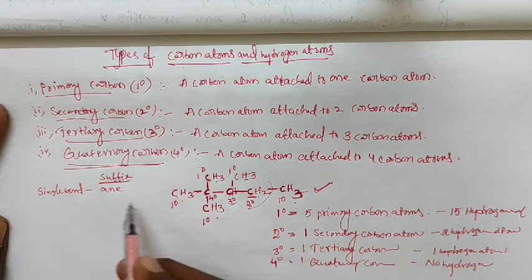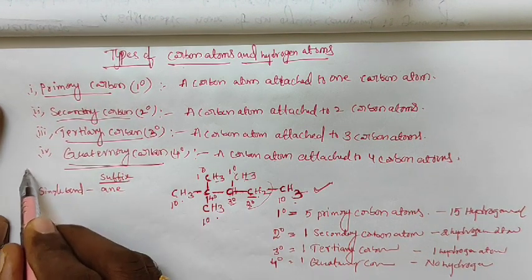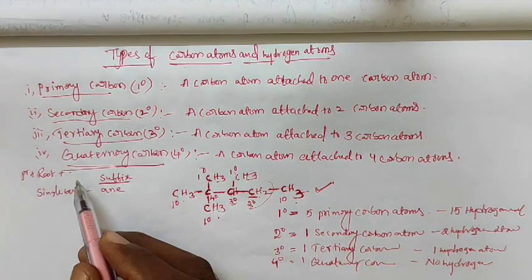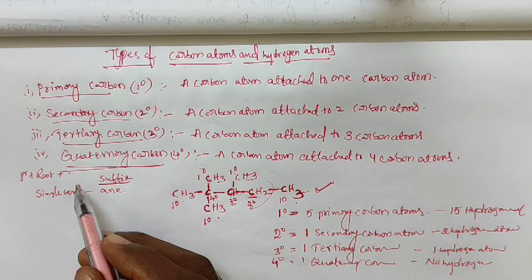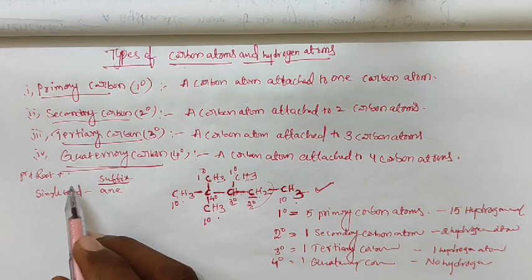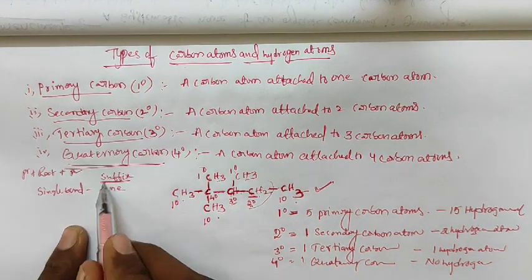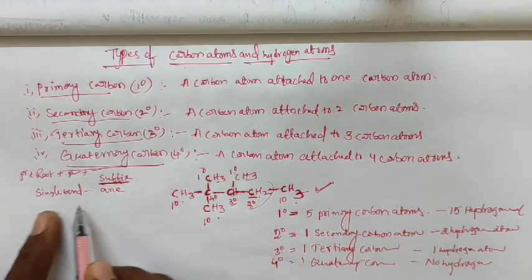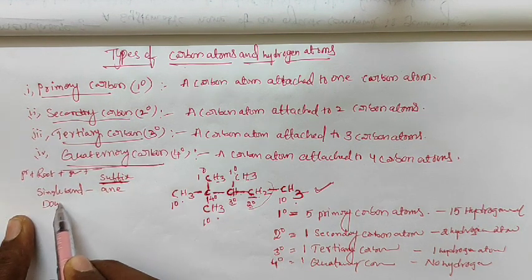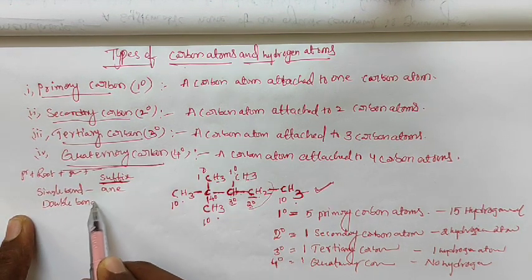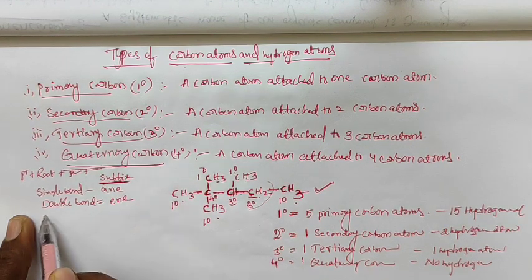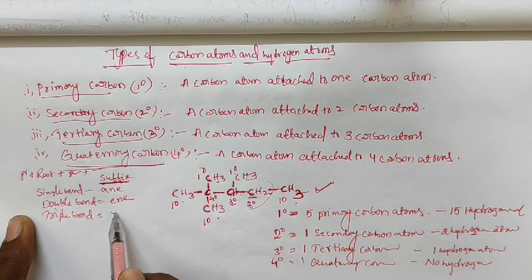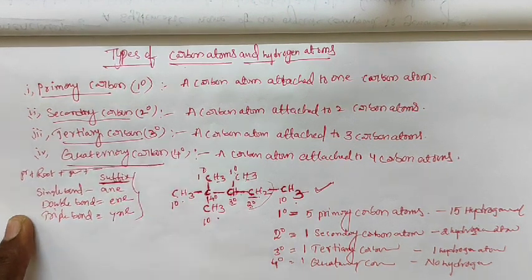I said one formula: prefix plus root word plus primary suffix plus secondary suffix. Primary suffix means unsaturation, secondary suffix means functional group. So here suffix 'ane' for single bond, 'ene' for a double bond between carbons, and 'yne' for a triple bond between carbons. These are the suffix names.